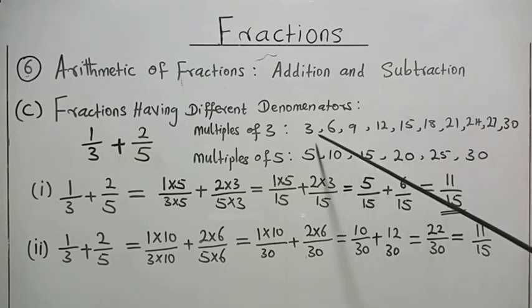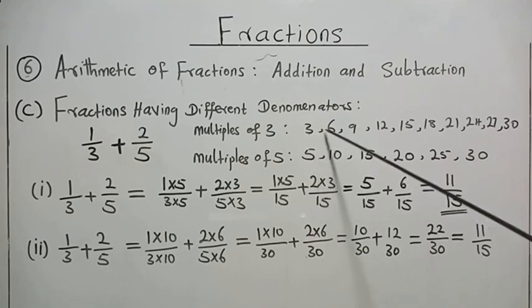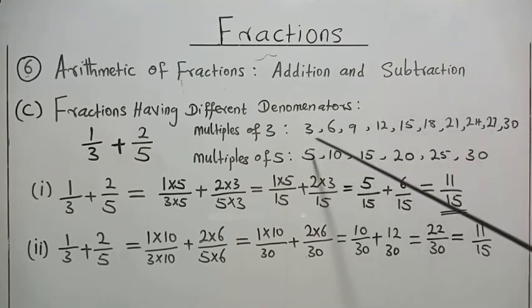If we keep listing the multiples of 3 beyond 30 and multiples of 5 beyond 30, we will still get other higher common multiples. But for simplicity, like I said earlier, I had to end the arrangement of the array as 30. Let's just make do with 30 to avoid complications.